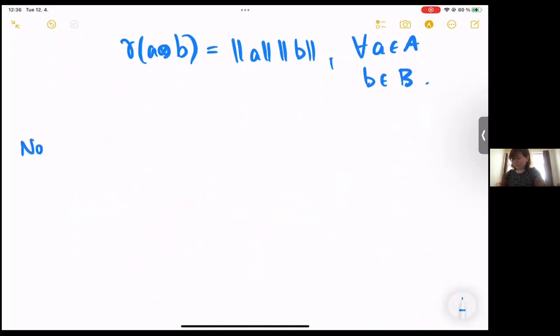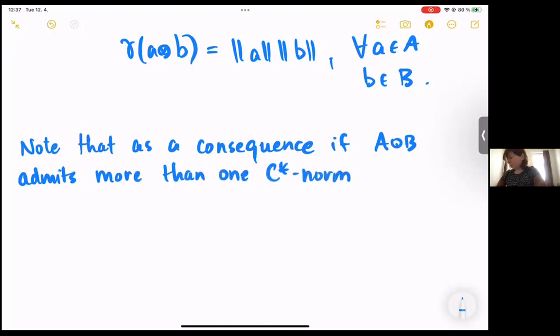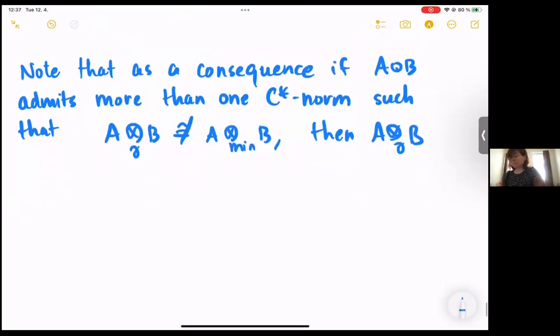So as a consequence, unlike what we might have for algebraic tensor products, if our algebraic tensor product admits more than one C-star norm, so by that I mean our completions are honestly different C-star algebras, then A tensor_gamma B will never be a simple C-star algebra.